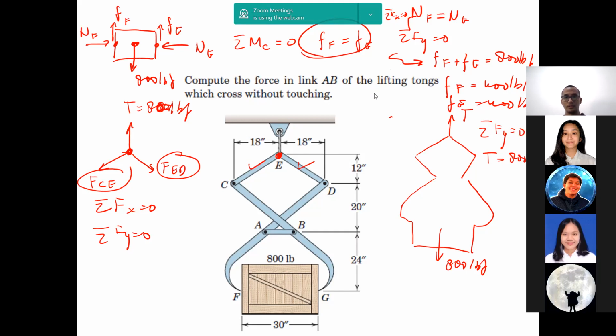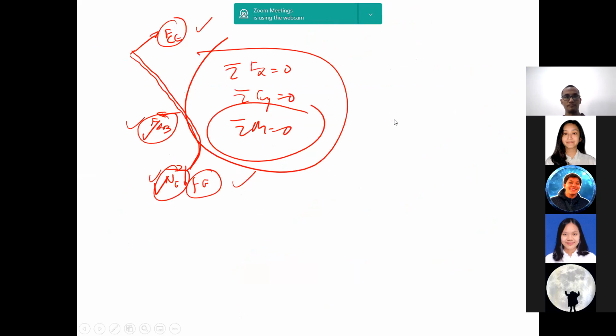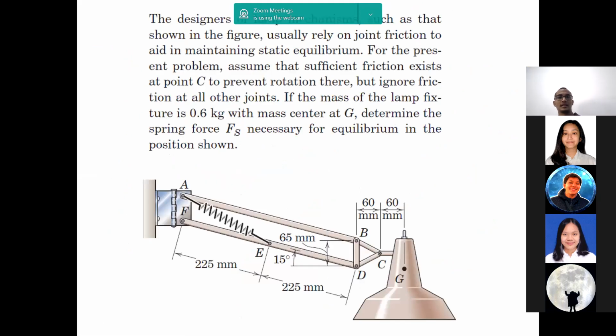Okay, I think I will try to discuss another problem. This one is quite interesting as well. Let's discuss this. This one is a lamp mechanism, and it relies on joint friction.